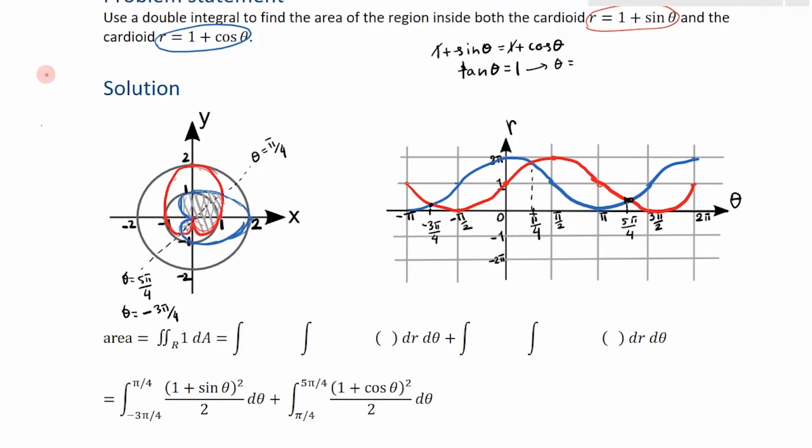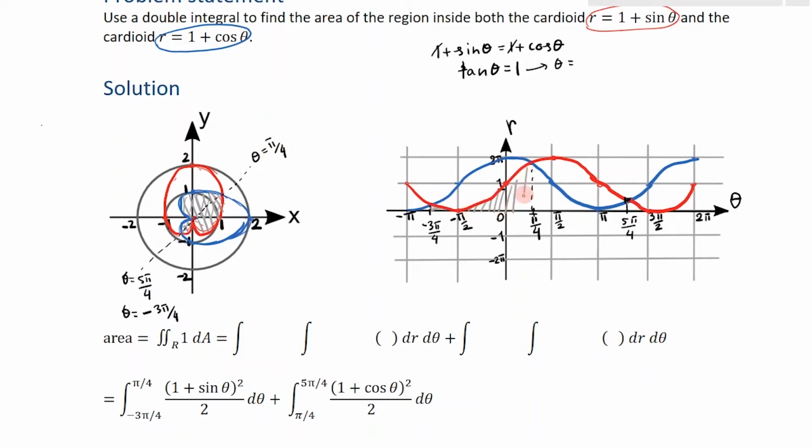The faster way probably is to just go from -3π/4. So this would make it this one. From here, you would go by the red curve up to π/4. So it's this one. Be careful, don't forget this small chunk.